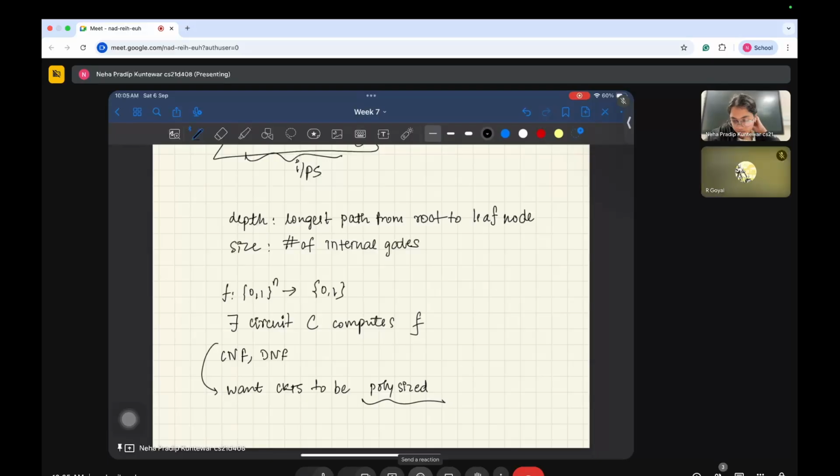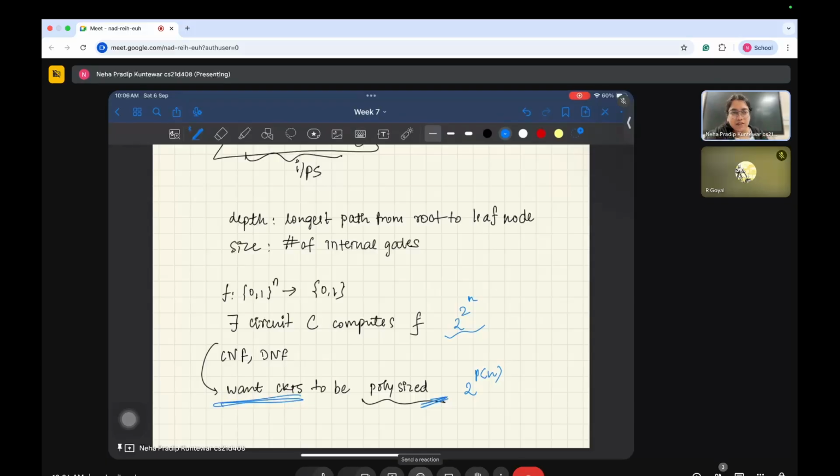Yeah, so you're right. In fact, although this is something we would ideally want, we do know that this is not possible by the counting argument. So there are exponentially many functions, like you said, but if you look at the total number of circuits that can be there of poly-size, then that is much smaller.